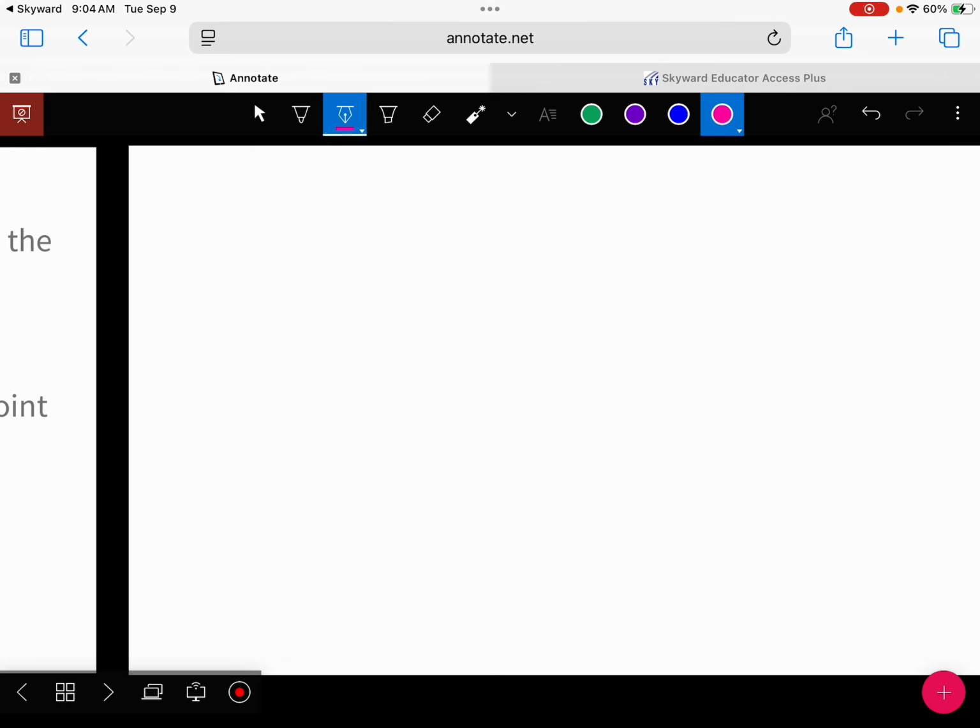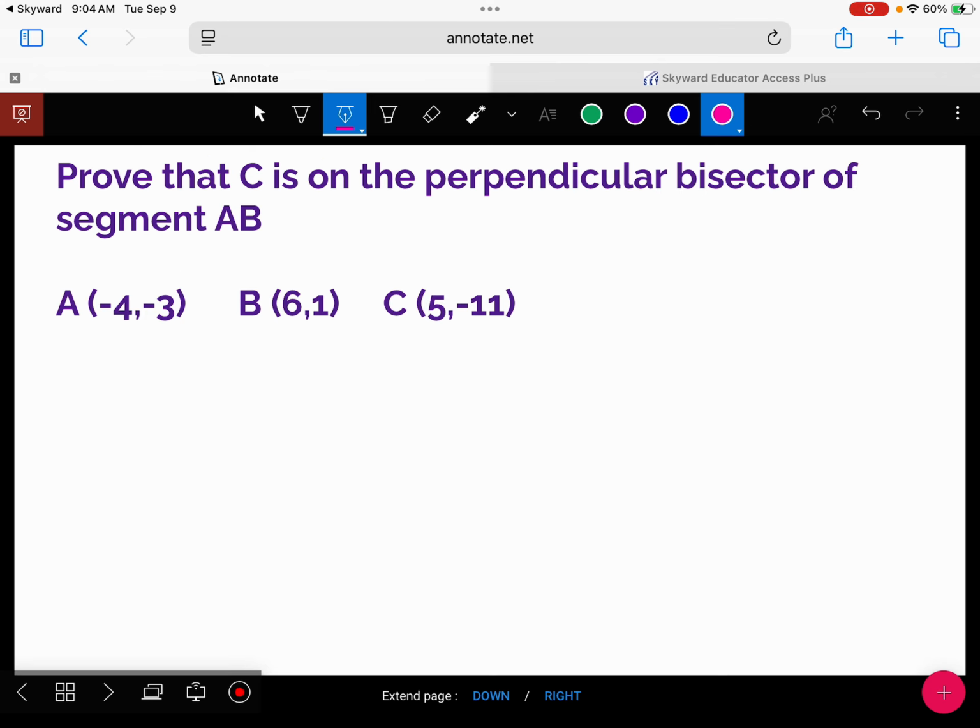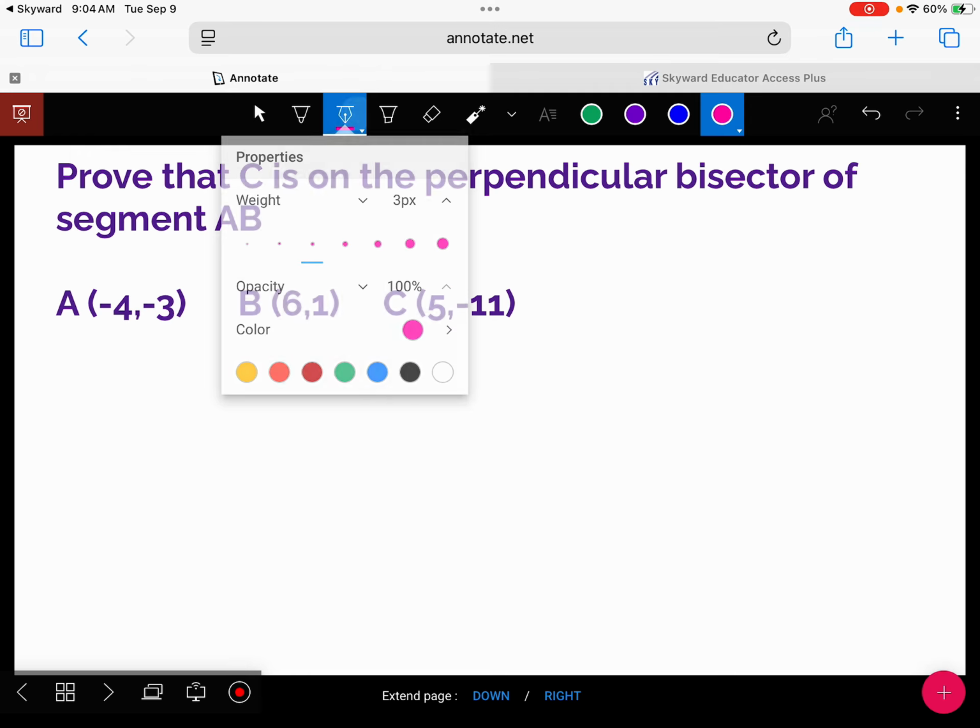Okay. So our first one like this is we are asked to prove, meaning we have to show, that C is on the perpendicular bisector of AB. We don't have to plot this, but you can if you want to.